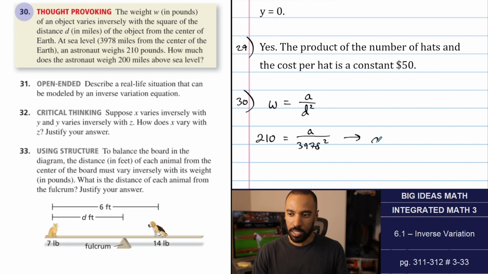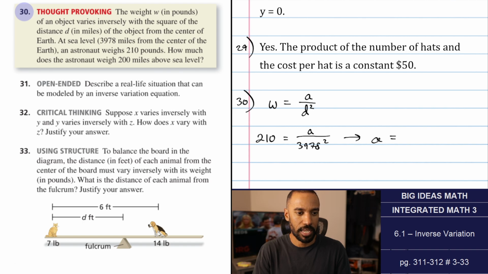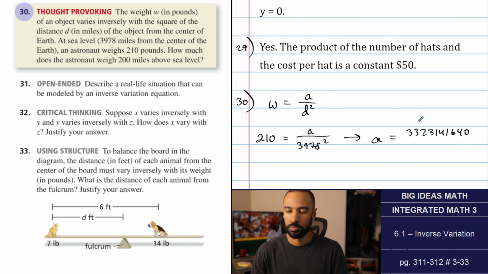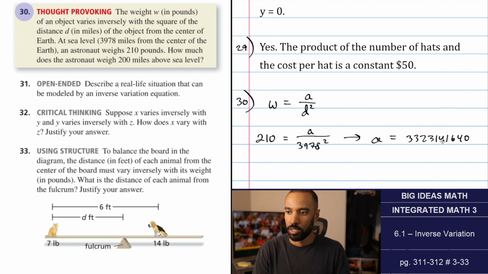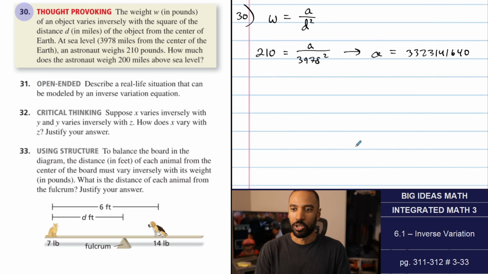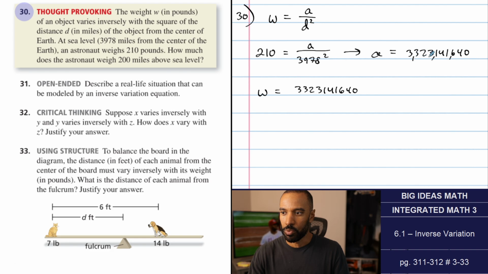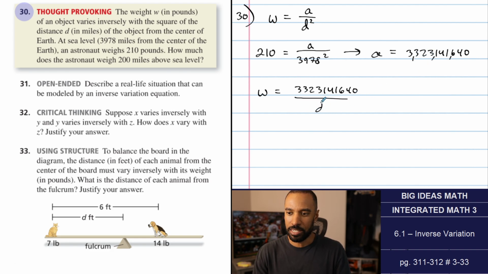A is going to be 210 times 3978 squared, which is a big number: 332314160. So our equation is W equals that number, 3 billion something, divided by d squared.